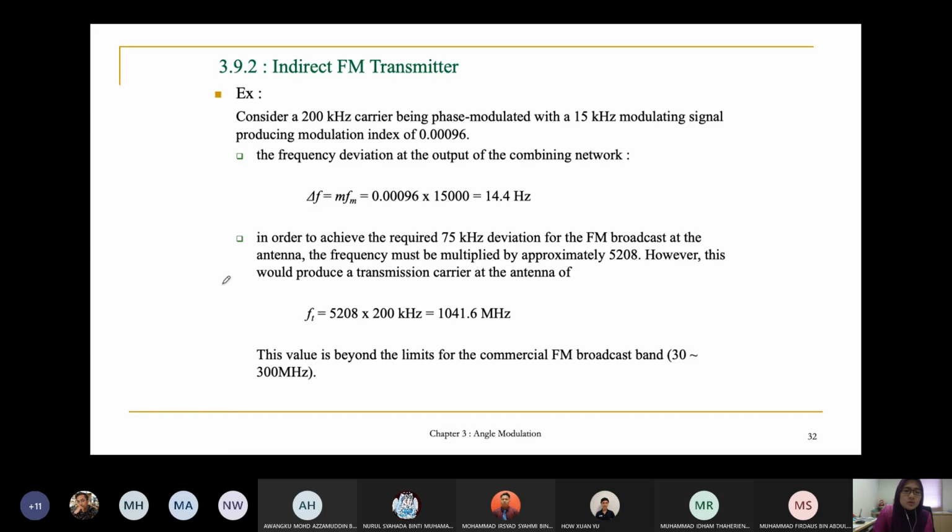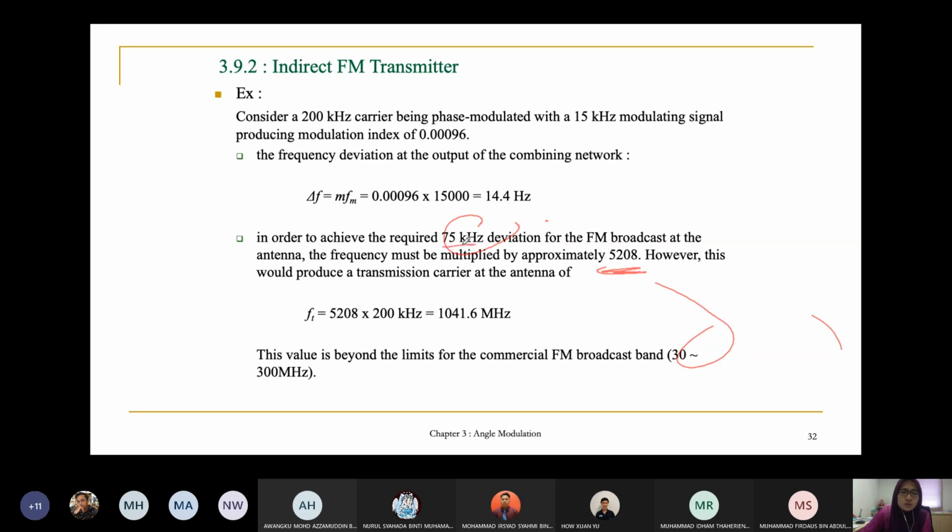So this statement stated that in order to achieve the required 75 kilohertz deviation for the FM broadcast at the antenna, the frequency deviation must be multiplied by 5208. So why 5208?